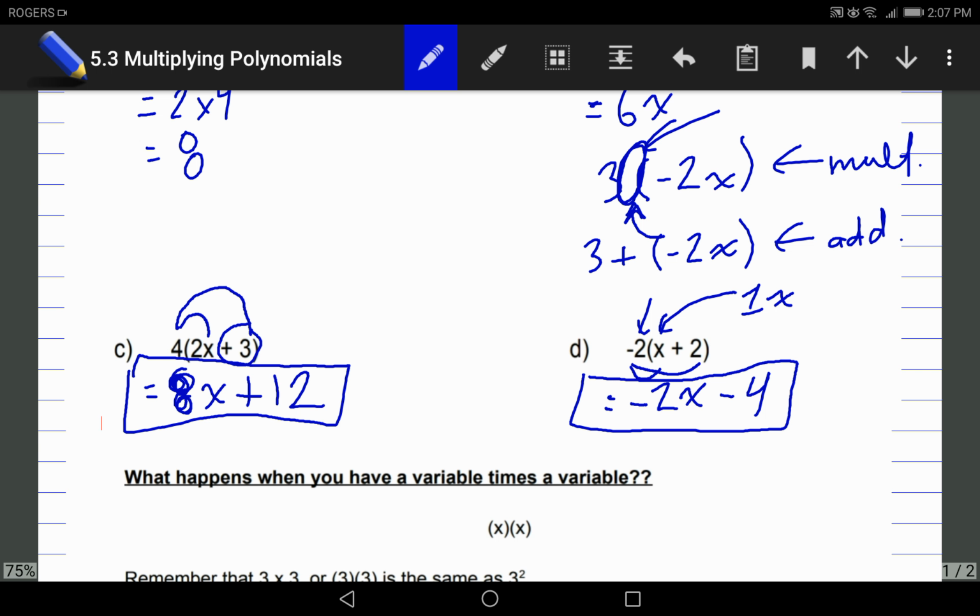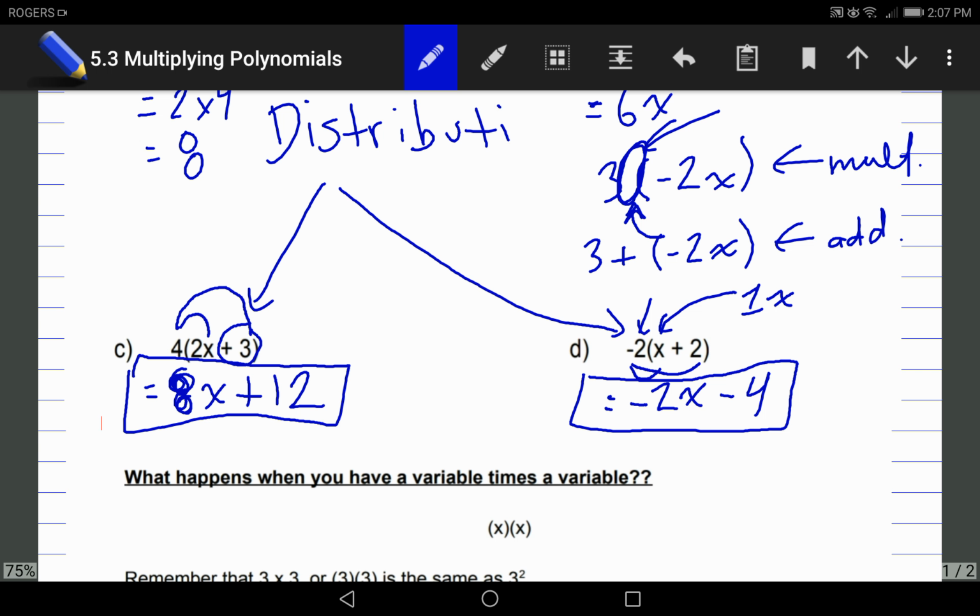So let's recap what we've learned. See how we are multiplying the 4 times everything in the bracket and the negative 2 times everything in the bracket? That is a mathematical rule. Just like there's rules in learning languages, that's a mathematical rule called the distributive property.